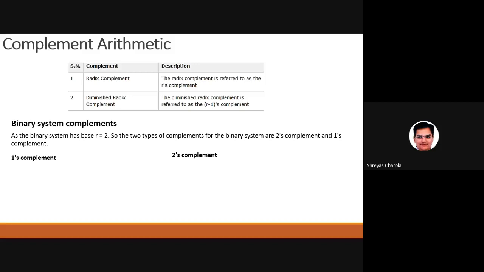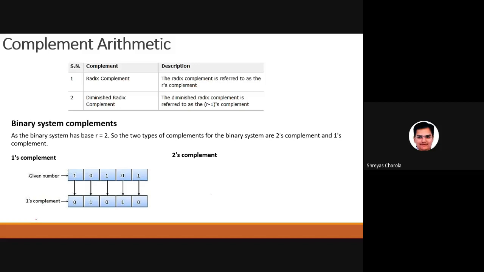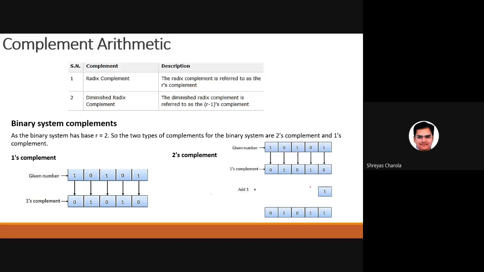If I have any number, let's suppose this number, you can directly complement from 1 to 0 and 0 to 1, again 1 to 0, 0 to 1. So invert the numbers, and it will convert into a one's complement. When you need to convert into a two's complement, you can directly add 1 to that number. It will convert into a two's complement number.